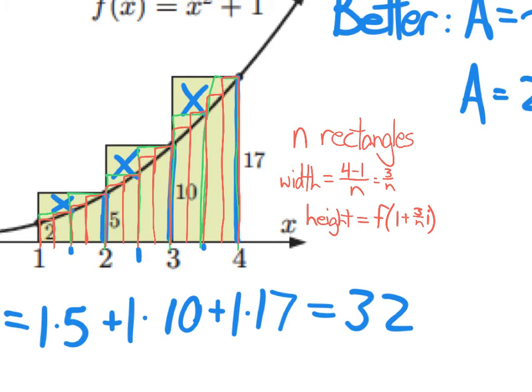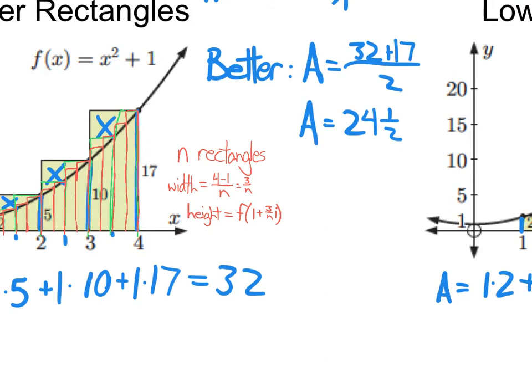Check this out. I'm going to take the sum from i equals 1 to n, because I want n rectangles. And I'm going to multiply the width times the height.